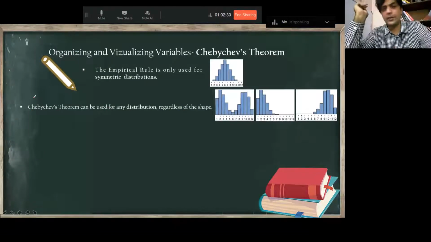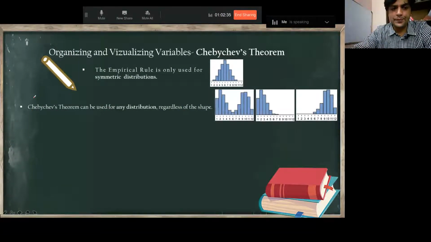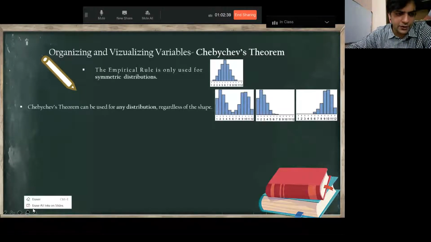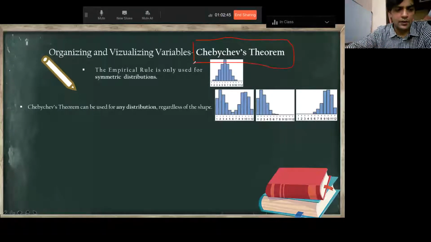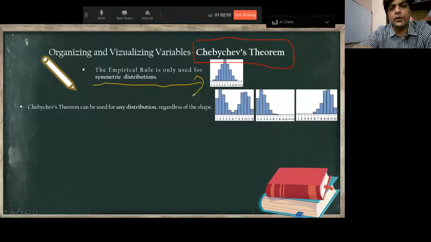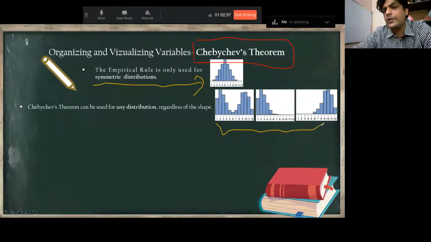Now, what is Chebyshev's theorem? As you see different shapes in front of you, the empirical rule is only used for symmetric ones. But how do we know what kind of distribution we have?